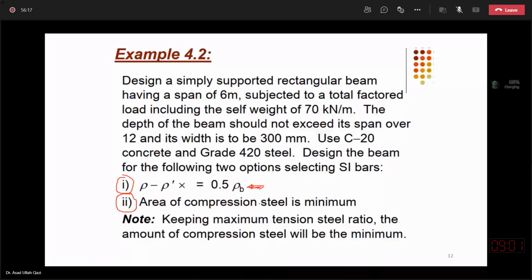But its solution is present, and you can go through it, and some good students obviously will enjoy that tricky problem. But I want to discuss a field problem: if you are in a design office and you want to design a doubly reinforced beam, and this second question has the condition given that the area of compression steel is minimum.